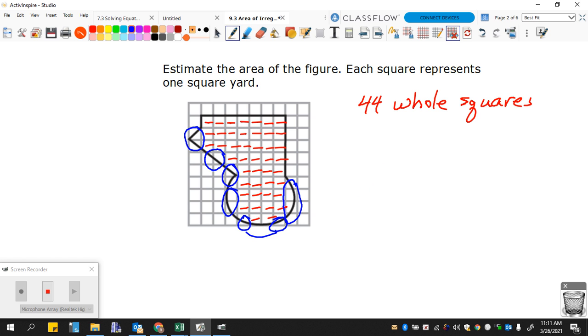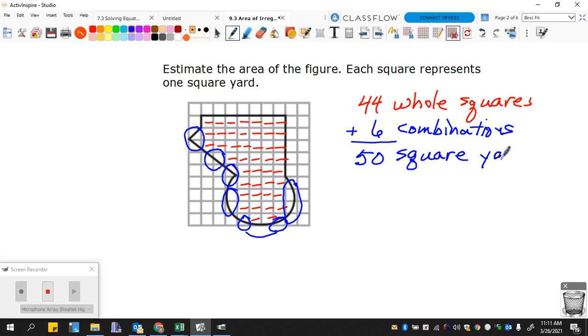So that would be 6 combinations, okay? So we add those together, and we know that there's approximately 50 square yards in this composite figure.